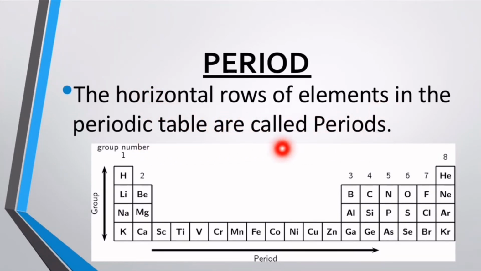These are the horizontal rows of elements. So as you can see, vertical columns from upward to downward are groups. And if we discuss period, then from left to right, these are the horizontal rows of elements which are known as periods in a periodic table.